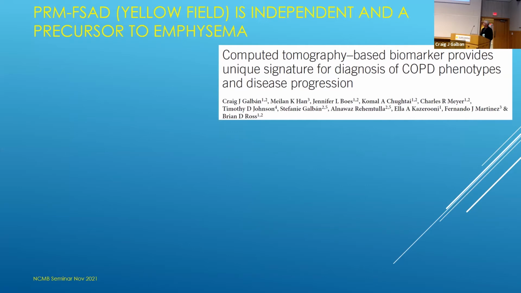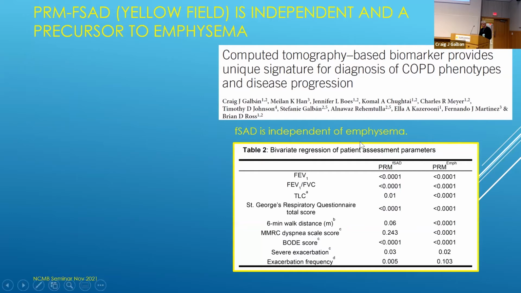So what are the major findings of this work? This paper came out in 2012 in Nature Medicine, and we found that small airways disease, as measured by this technique, is an independent readout of clinically meaningful measures, and also a precursor of emphysema. As far as our results of small airways disease being independent, we did a bivariate regression looking at clinically relevant measures.